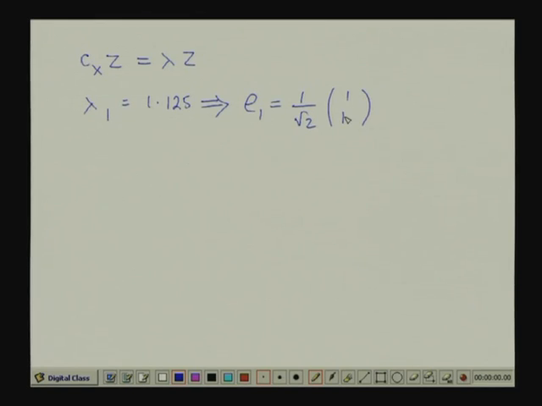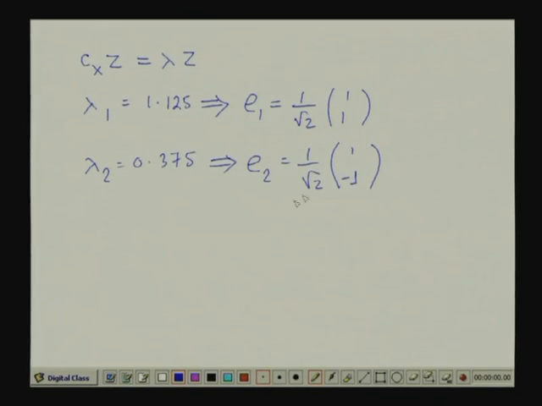Similarly, corresponding to the eigenvalue lambda 2 equal to 0.375, we have the eigenvector E2, which is equal to 1 upon root 2 into 1 minus 1.